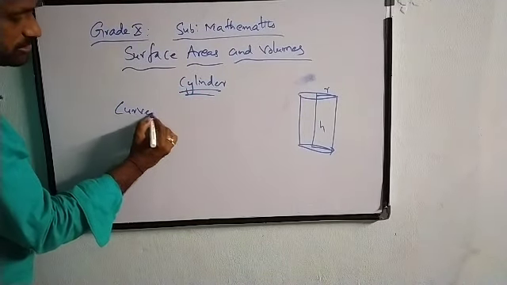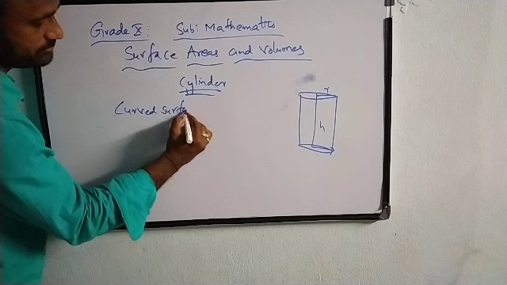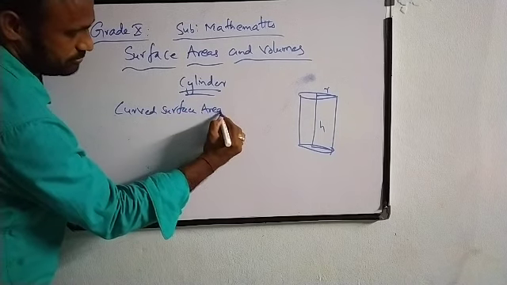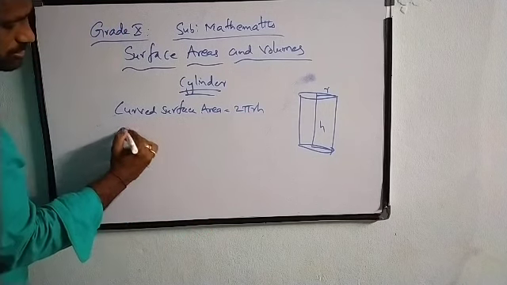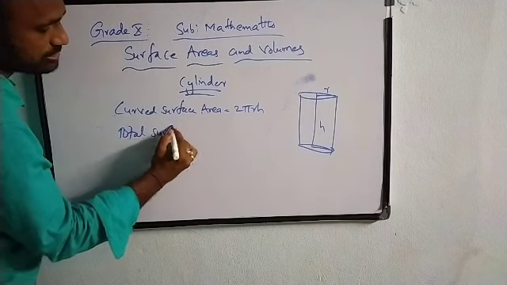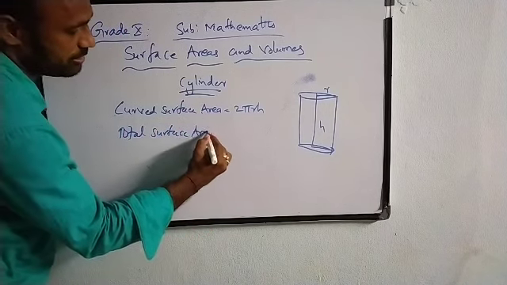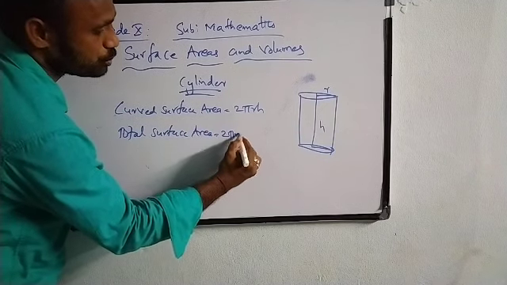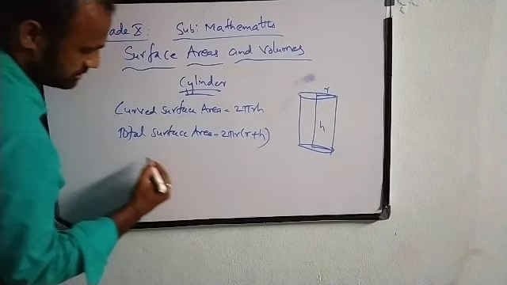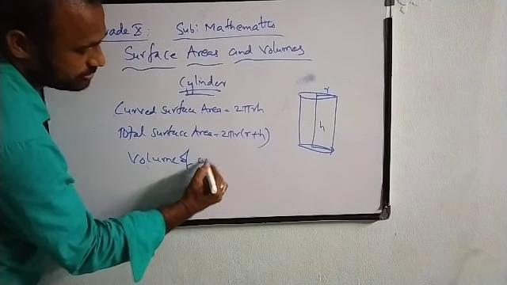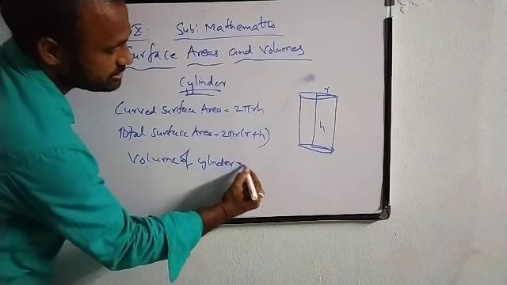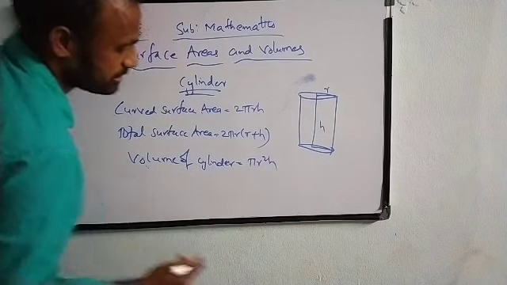Curved surface area of cylinder is equal to 2 pi r h. Total surface area is equal to 2 pi r into (r plus h). Volume of cylinder is equal to pi r square h.